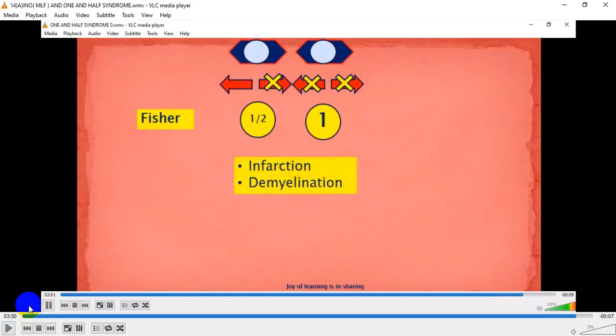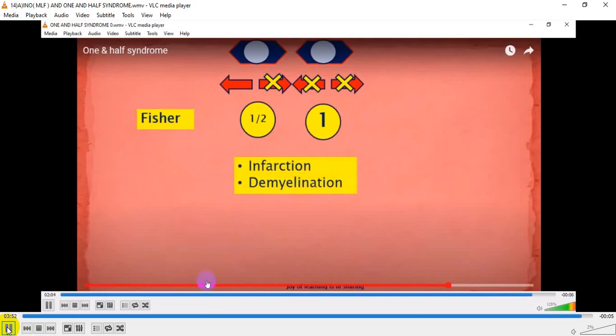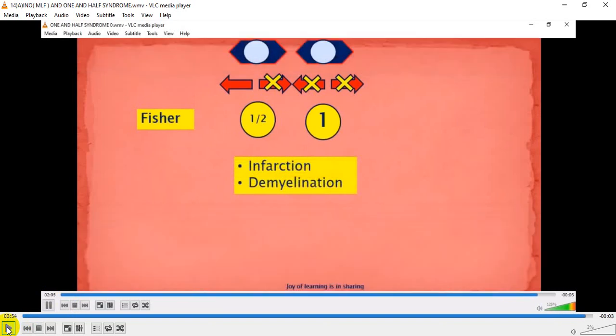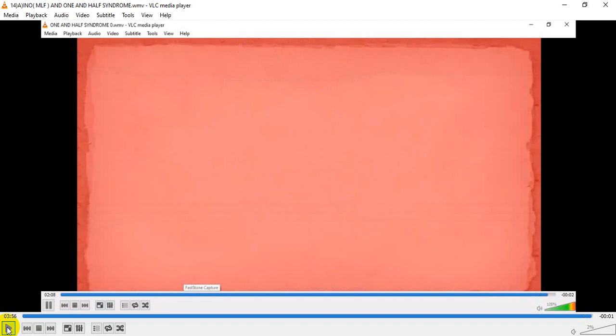Demyelination, classical example, multiple sclerosis. And when this is involved along with a 7th cranial nerve palsy, then we call that 8.5: 1.5 plus 7.